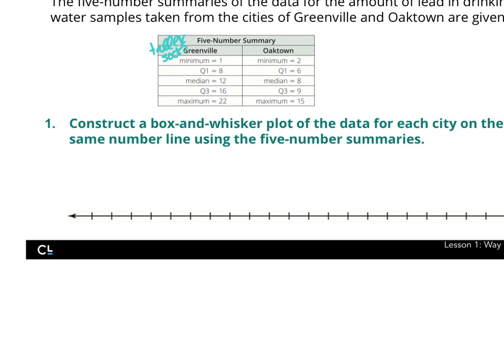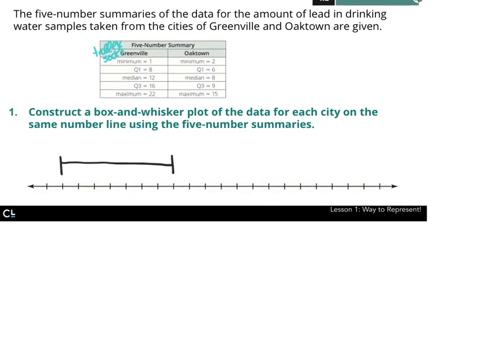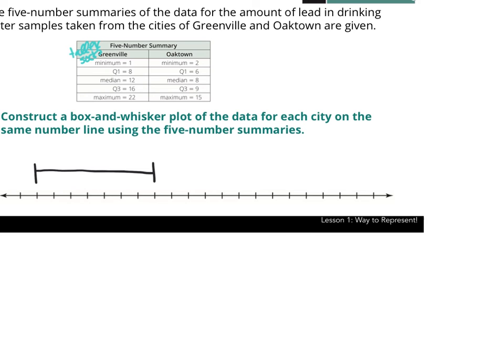Okay? So just a reminder here, whichever one you did, so like Greenville, the minimum was 1. I think that was technically 0, but either way you did it. So I just put a line above it. It's not directly on it. And then I would go to 8. So 2, 3, 4, 5, 6, 7, 8. That's the whisker. Then my next one is what?